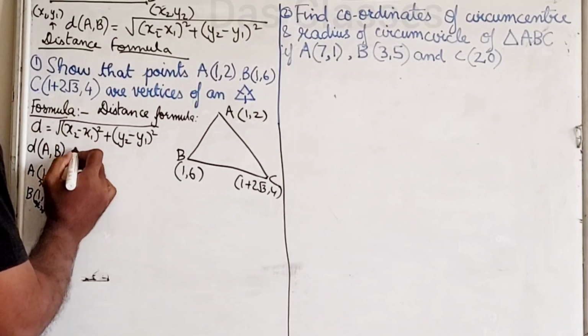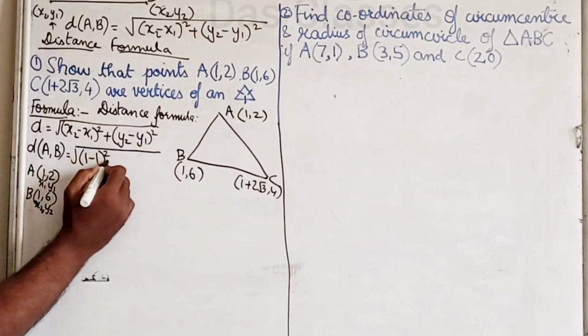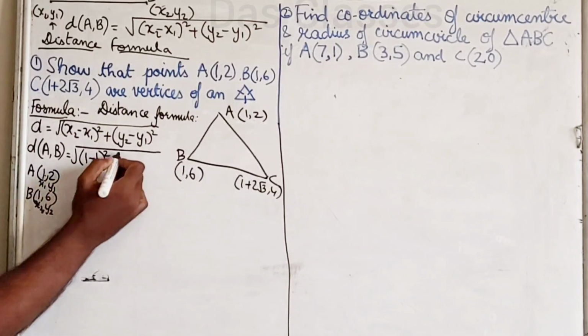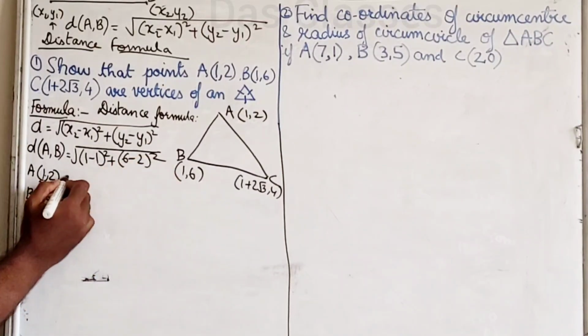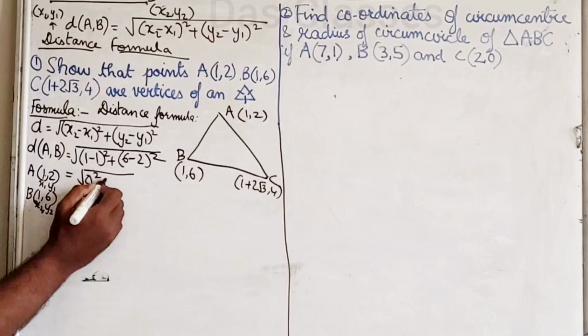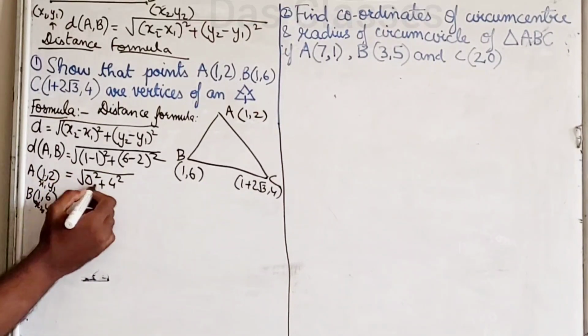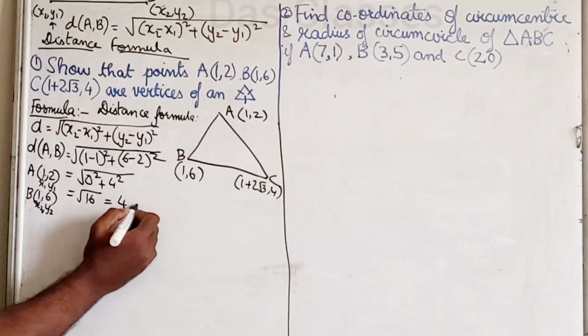Just substitute that in the formula. x2 is 1 minus x1 is 1, whole square, plus y2 is 6 minus y1 is 2, square. That is 0 square plus 4 square. When you solve it, that comes to root 16, which is 4 units.